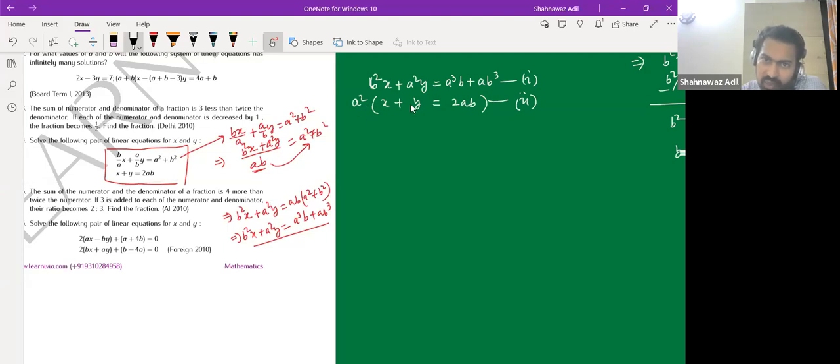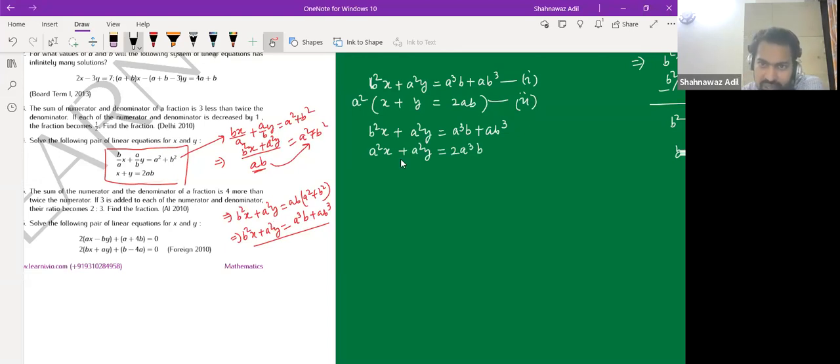Then this would be a square y, correct? Yeah. So now we have b square x plus a square y. This is a cube b plus ab cube. And then this is a square x plus a square y. And then this is 2a cube b. Am I correct or not?